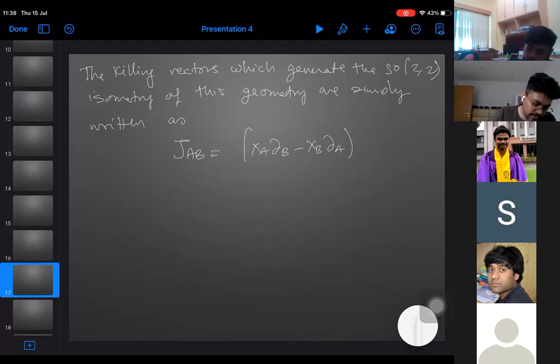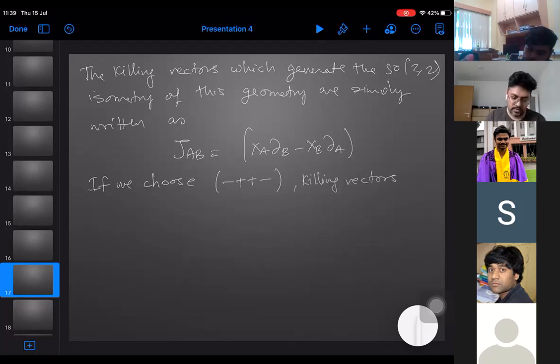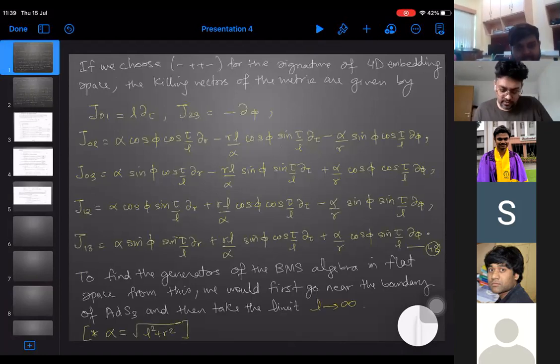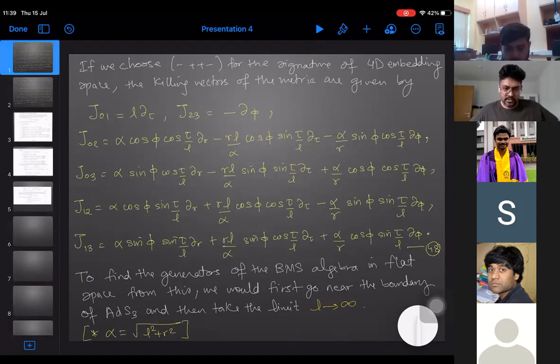If we choose minus, plus, plus, minus for the signature of this 4-dimensional embedding space, the Killing vectors are given by, so I will not write that, I already have written that, it is a very big expression. So this is for the BMS3, as you can see.